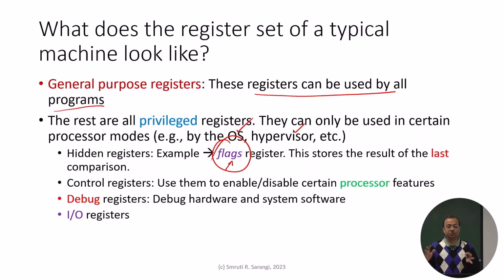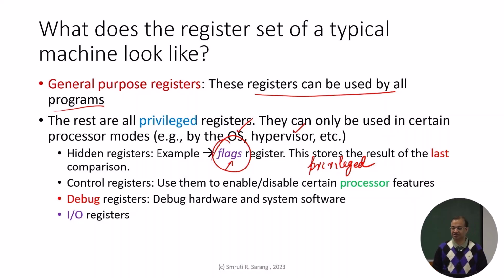But if, let's say, you want to store all of its contents, it was not accessible to us. But it had to be made accessible for interrupt handlers and so on. So in this case, you need some sort of a privileged mechanism to take this and store it somewhere.